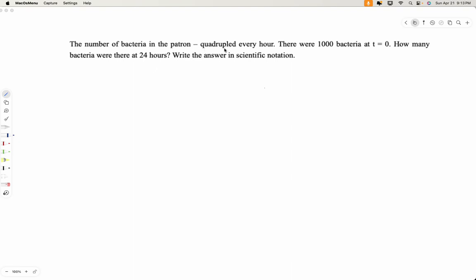So we're not given an interest rate here. Instead, we're given a rate of growth. The difference between a rate of growth and an interest rate is there's no decimal format, so we don't add 1 to it to include the original number. Instead, the amount over time is equal to the original amount times the rate to that amount of time.